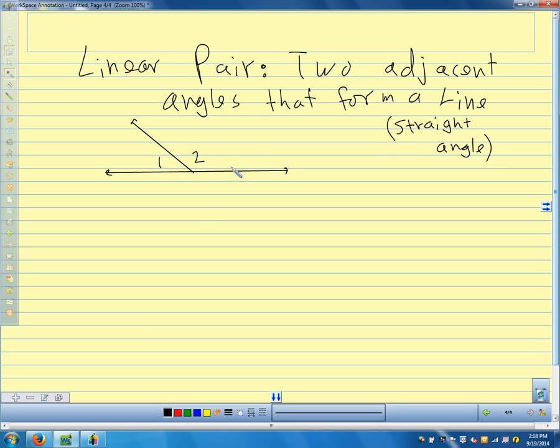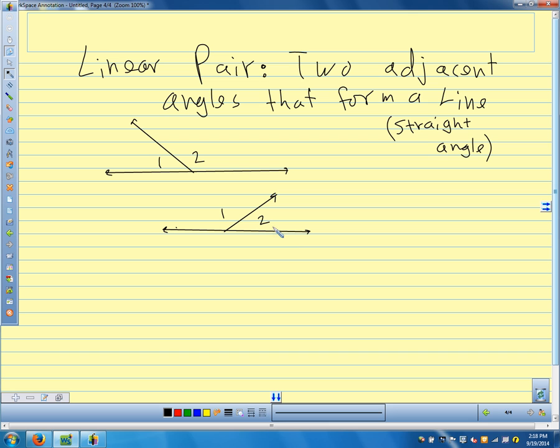All right, looking at these. Another example of a linear pair? Another drawing? They just have to make a straight line.